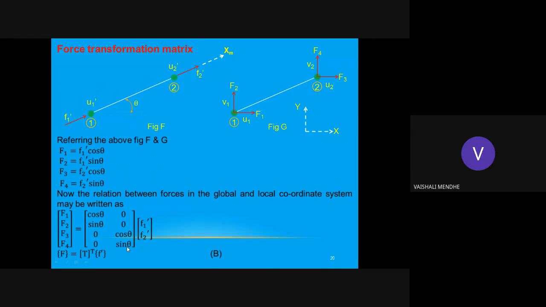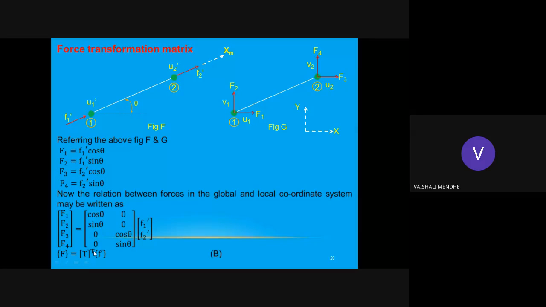Am I audible? The transformation matrix is cos theta sin theta 0 0, and in the second row it is 0 0 cos theta sin theta. But what about this matrix we just got? You can see this relation, T.